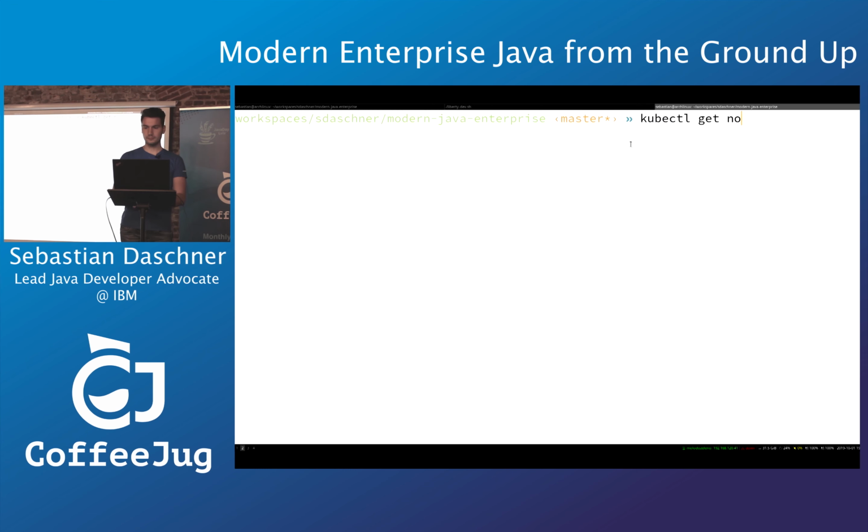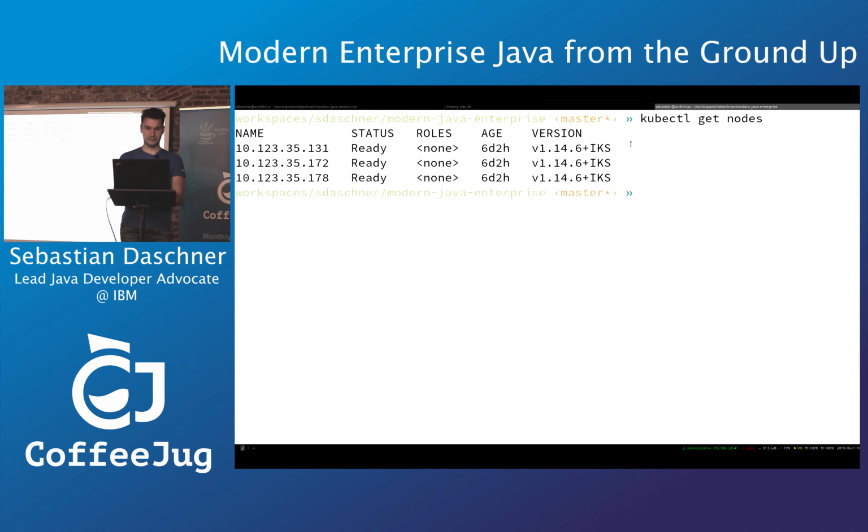And just as a last demo, let me show you this. I actually have a Kubernetes cluster. If the Wi-Fi responds, this works. IKS is the IBM managed Kubernetes service. So it's a managed hosted Kubernetes provided by the IBM cloud.